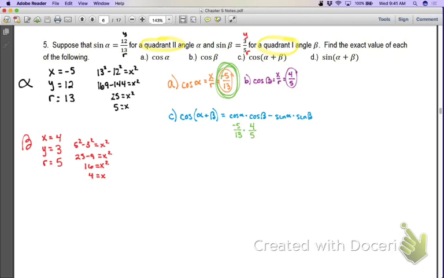We'll come back to that in a second. Minus, what's sine of alpha? How do you know it's 12 over 13? Yeah, they told us that. 12 over 13 times 3 over 5.